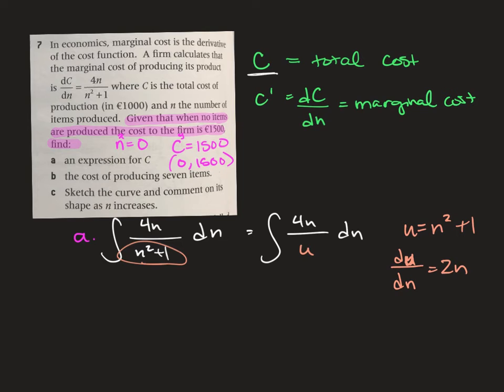So then we'll solve this for dn. So if we do that, we're going to get du over 2n is equal to dn. I just multiplied by dn and divided by 2n, so we've got this. So I'm going to now replace this, and we're going to say the integral of 4u over u times du over 2n.